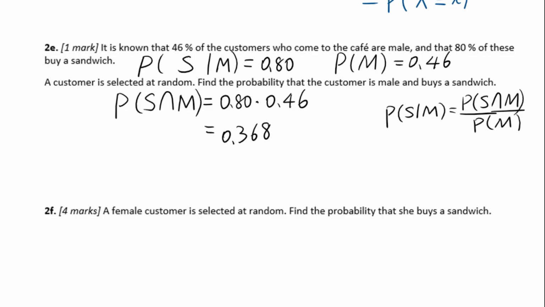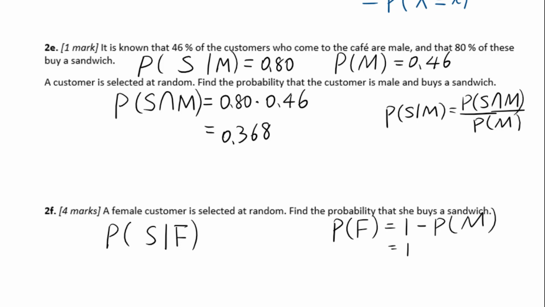A female customer is selected at random. Find the probability that she buys a sandwich. We are looking for the probability of S given F. The probability of F equals 1 minus the probability of male, that equals 1 minus 0.46 equals 0.54.